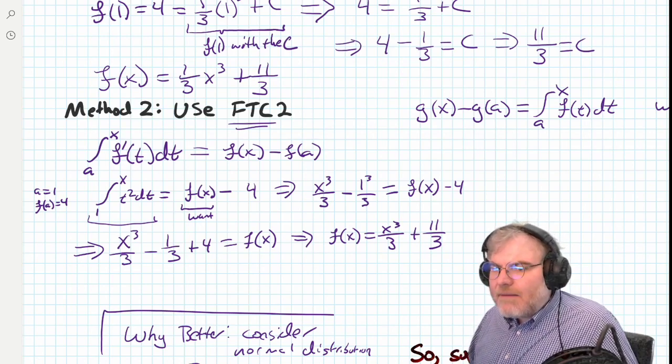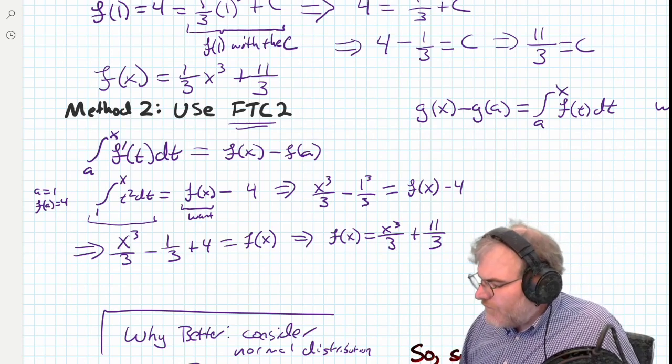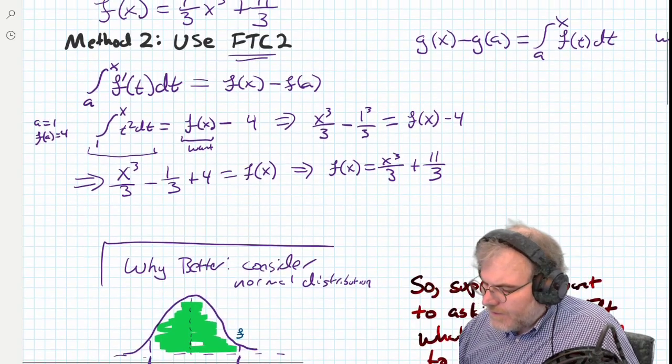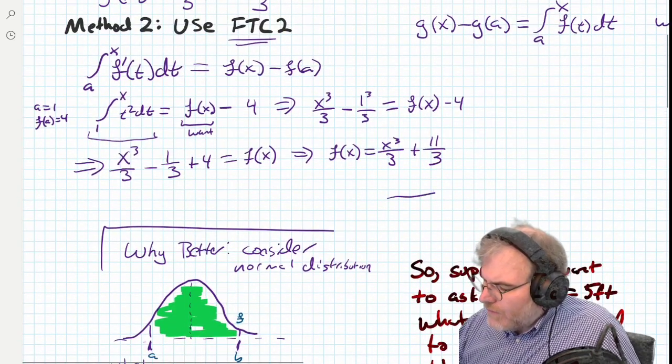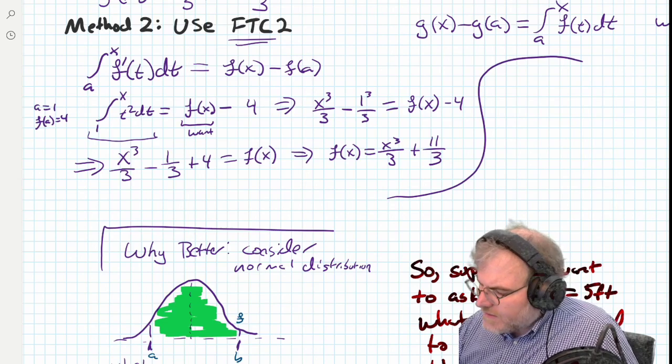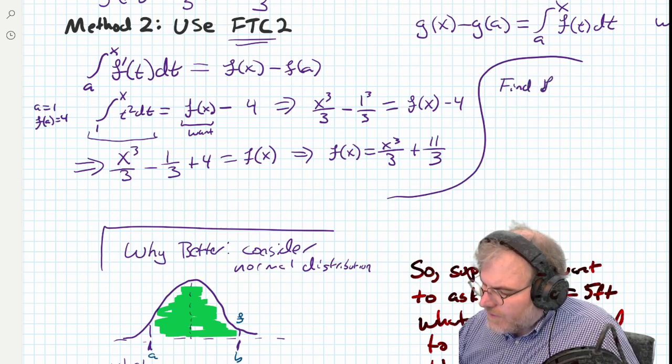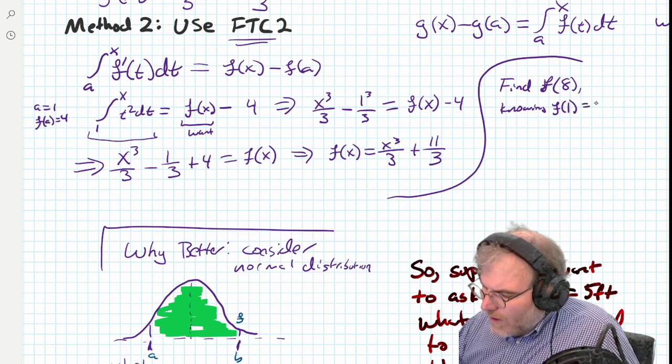And then when I get that number, so if what I want to solve for, suppose instead my question was find f of 8, knowing f of 1 equaled 4, right?